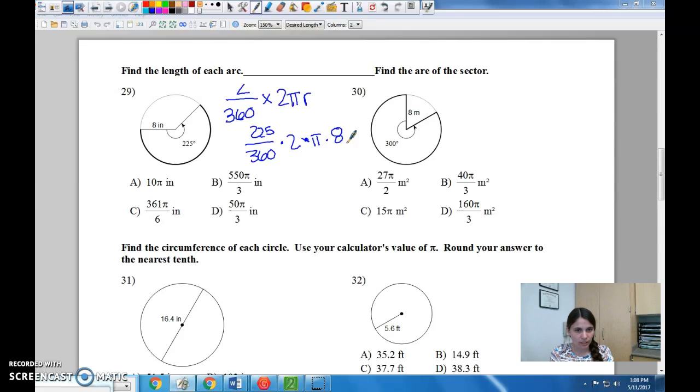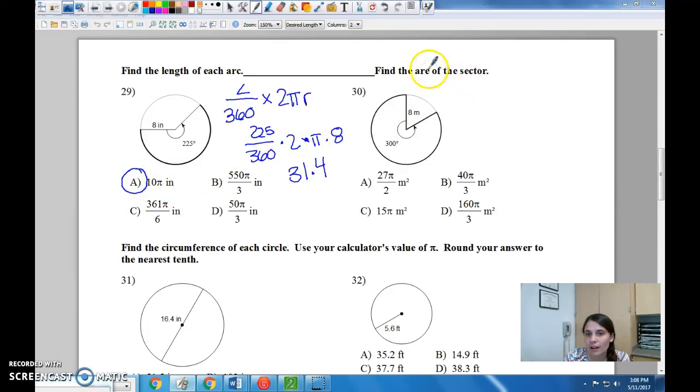If I put that in a calculator, it comes out with about 31.4. When I give you your test, I will give you each of these in decimal form, but 31.4 is the same thing as 10 pi inches.